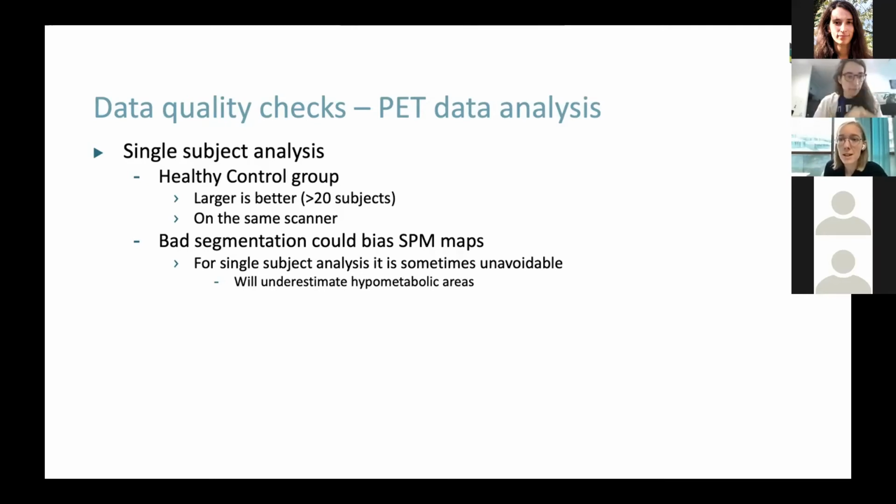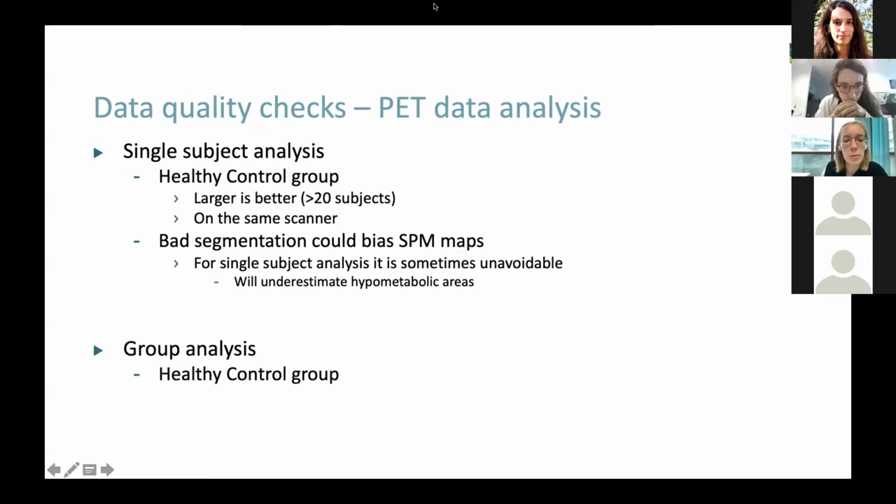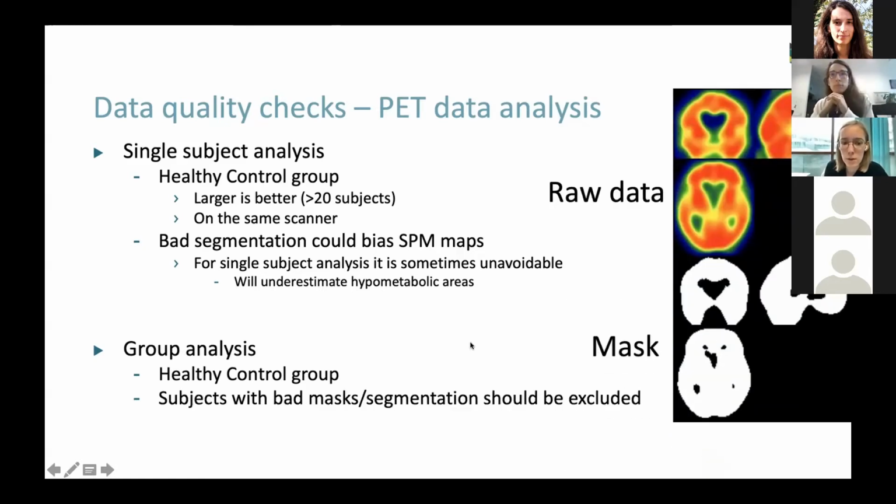So in the case of patients with a severe brain injury or disorders of consciousness, this probably means that you will underestimate the hypometabolic areas. And for a group analysis, it's really important to have, again, this healthy control group that was acquired on the same scanner. And also there you make sure that you exclude patients with the bad mask.